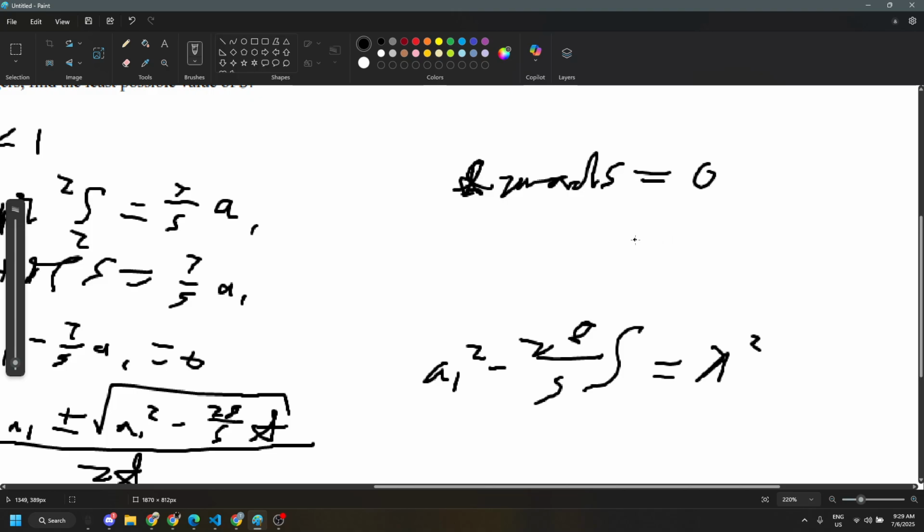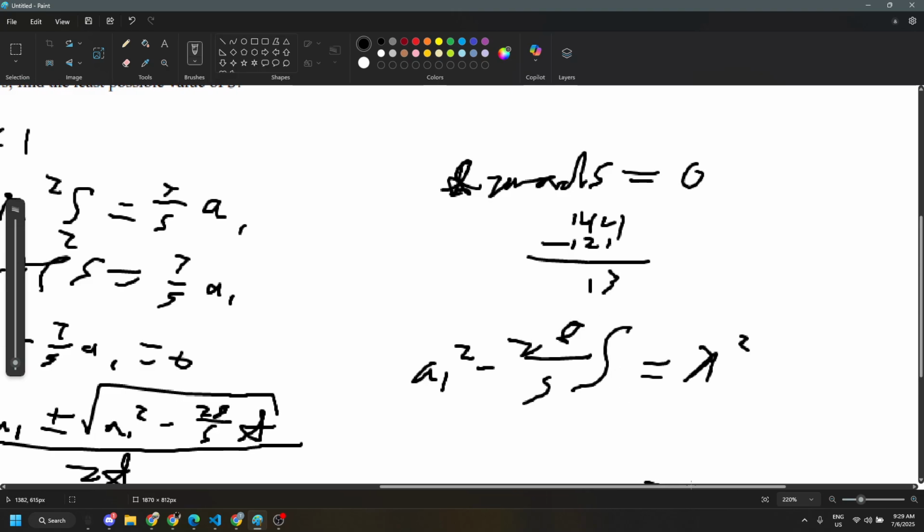So let's just say s is 5. Are there any two square numbers that, when subtracted from each other, equal 28? Let's see. Let's just take 144 minus 121, which is 13. 144 minus 100.